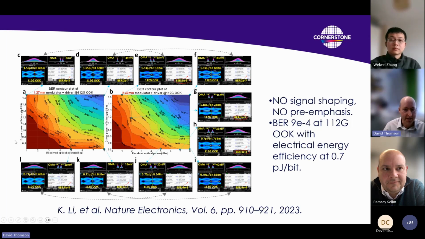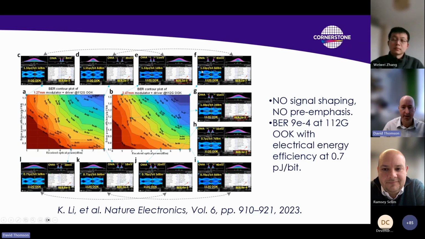There's a lot of data to take in on this slide, so I'd just like to highlight that with no signal shaping, no pre-emphasis, we're able to achieve bit error rates down to 9e-4 at a speed of 112 gigabit per second on-off keying with an electrical energy below a picojoule per bit.